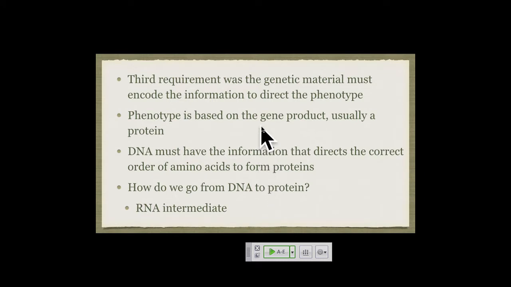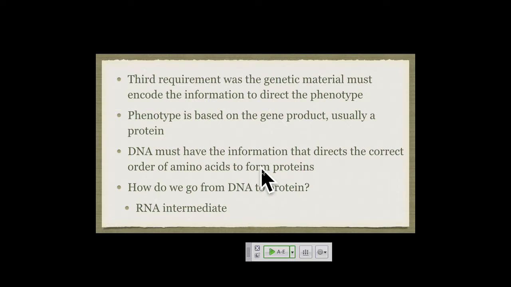And third, the genetic material must encode the information to give you the phenotype. So the phenotype is going to have to be based on some gene product. That's usually the protein. So part of the problem was, especially in eukaryotic cells, the genetic material is in the nucleus, the ribosomes, which are responsible for synthesizing the proteins, are out in the cytoplasm.